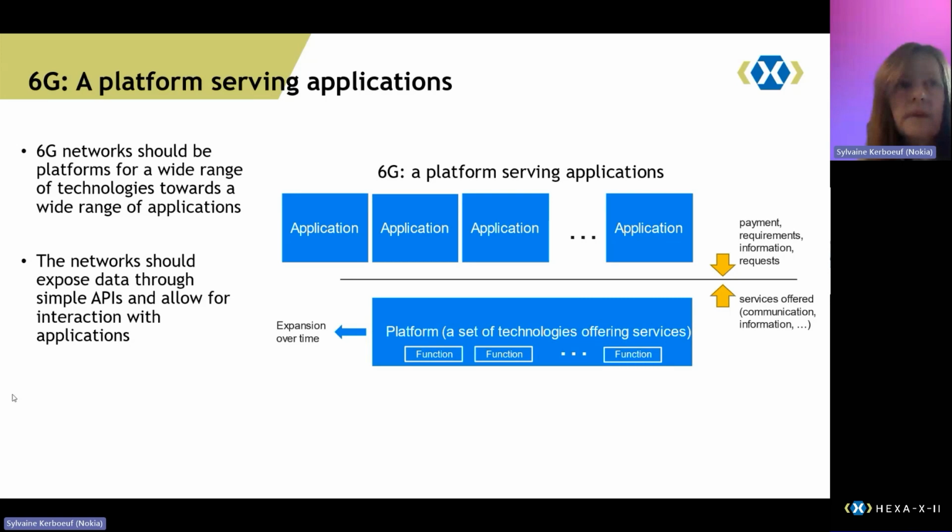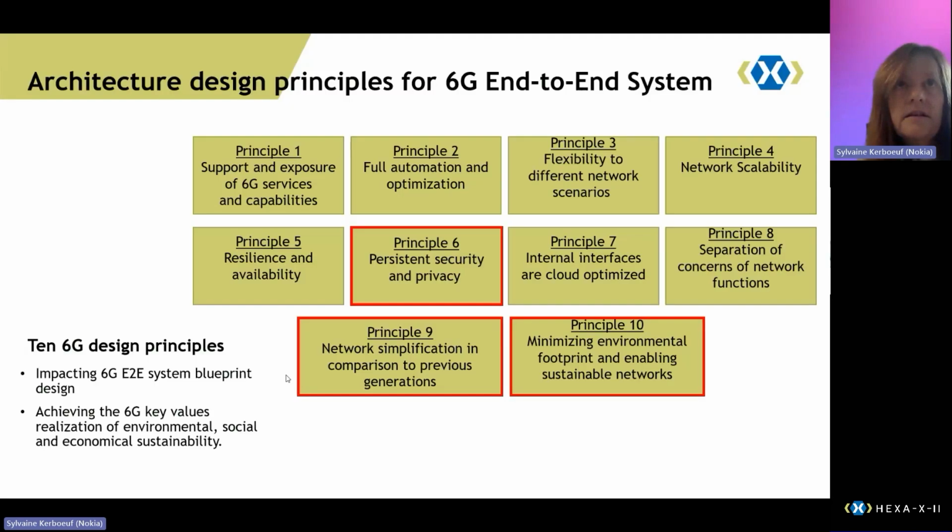Then we have defined the 6G design principles, and we have defined 10 design principles. They are shown on this figure, and they relate to intelligence, automation, flexibility, trustworthiness, efficiency, and also aspects related to environmental sustainability.